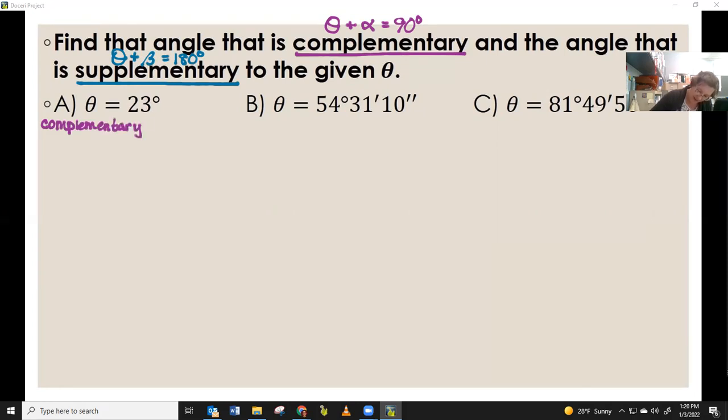If I have my angle theta, and I want to find the angle that is complementary to it, I can do 90 degrees minus theta, and that will give me my angle alpha. So if I do 90 degrees minus my given theta of 23 degrees, what would be complementary to 23 degrees? 67 degrees, yes.